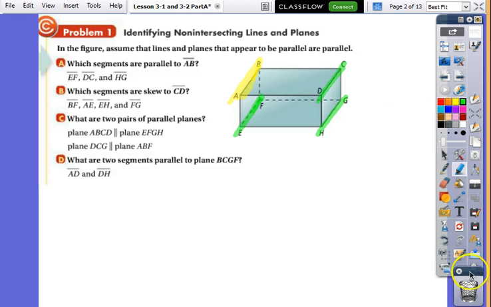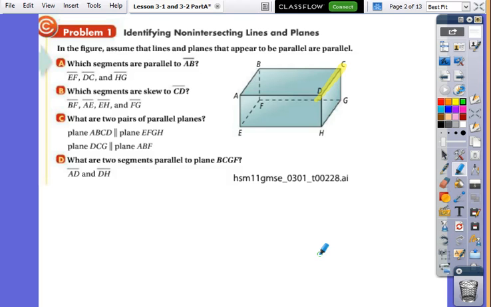All right, and then we have the situation about skew. Which segments are skew to CD? CD is this line segment here, and we're going to pick out all the things that are skew. Usually skew means running in a different direction. However, we want to run in a different direction, but we also want to be not coplanar.